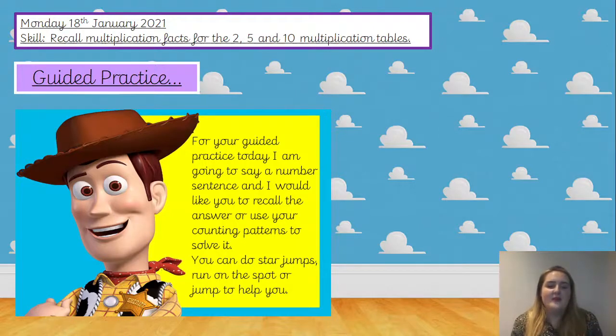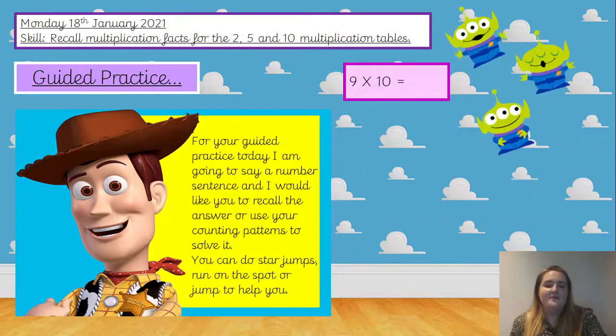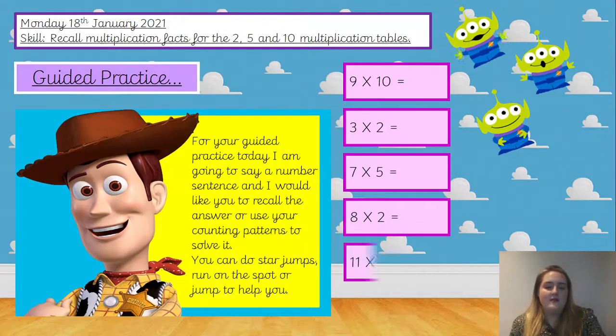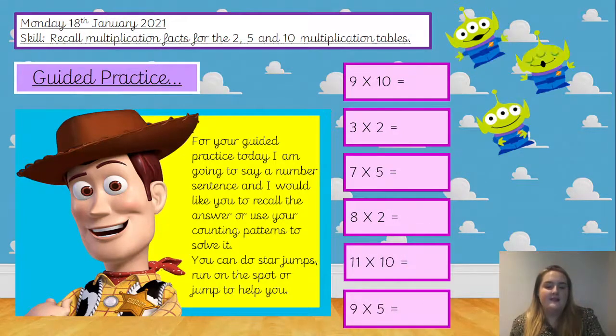Okay, so it's up to you how you solve it, but we are going to find the answer. So here they are then. 9 times 10, 3 times 2, 7 times 5, 8 times 2, 11 times 10, and 9 times 5. So you need to find the answer to all of these multiplication questions now. So I'd like you to pause the video, please.